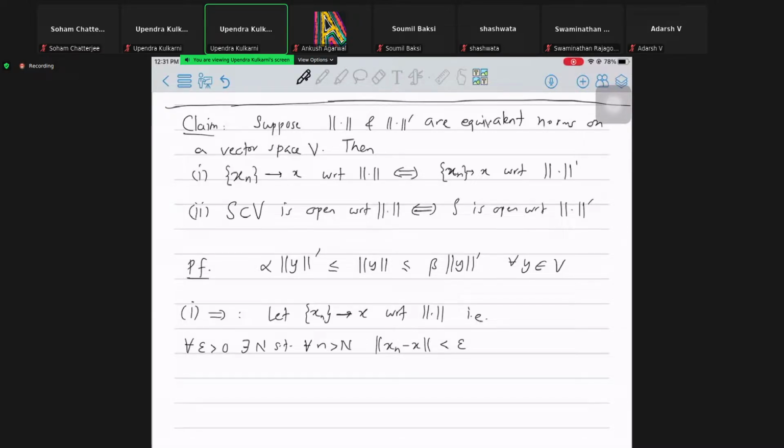And what is it that we want? But remember, this is true for all epsilon, correct? This is true for all epsilon.